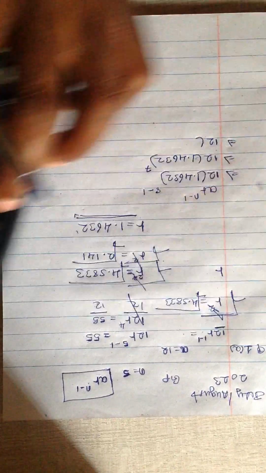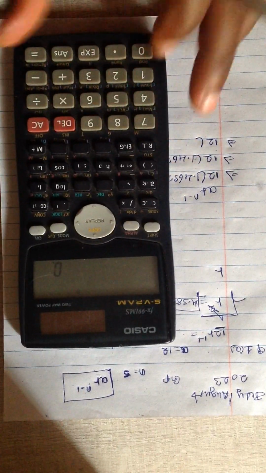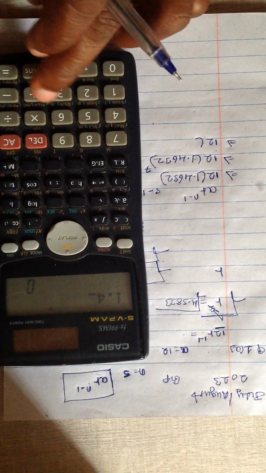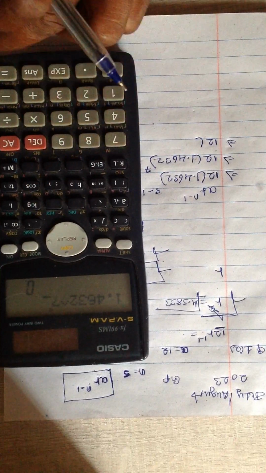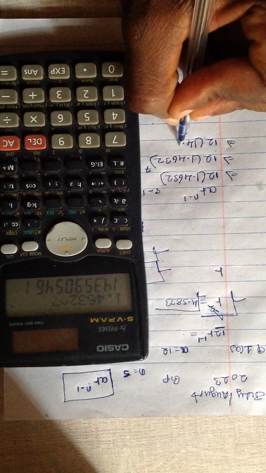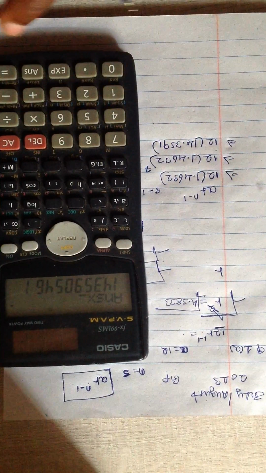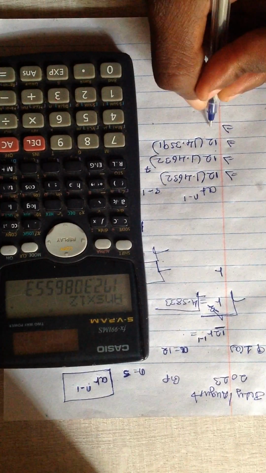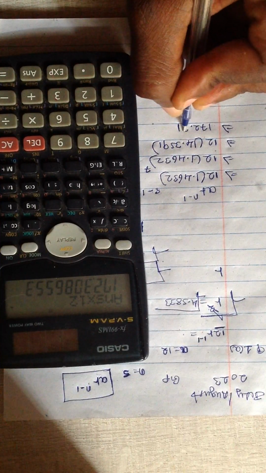So what I mean is it will be 12 open bracket, now this one, what is 1.4632 raised to power 7? You're going to have 14.3591. Then when you multiply this one now by 12, you're going to have 172.31. So your final answer is supposed to be 172.31.